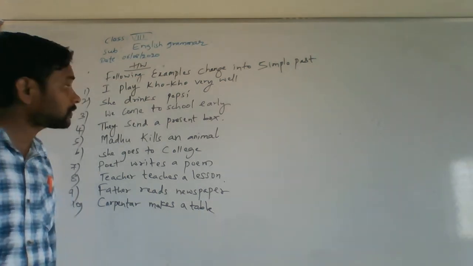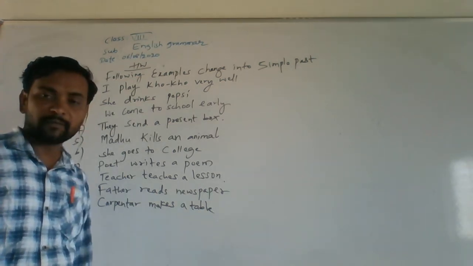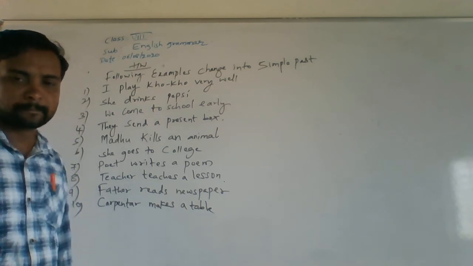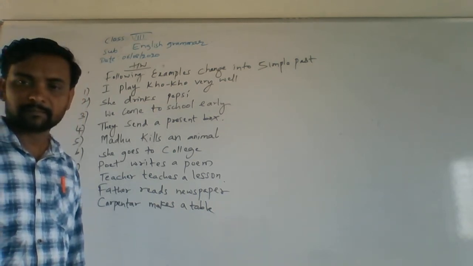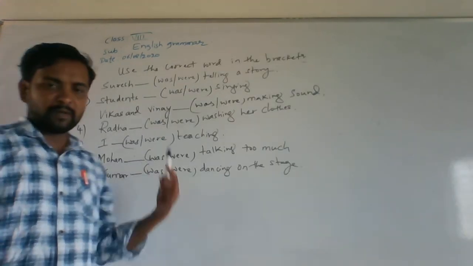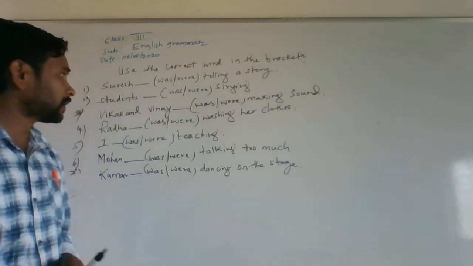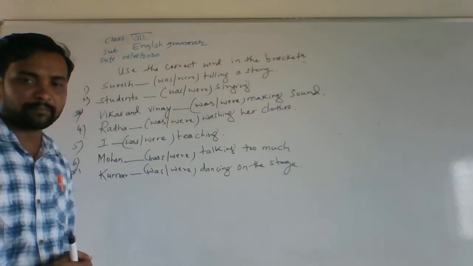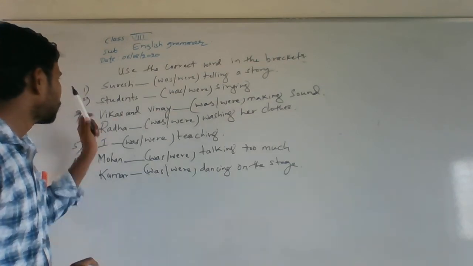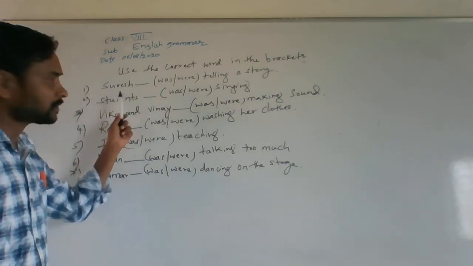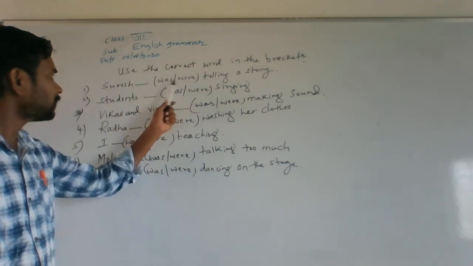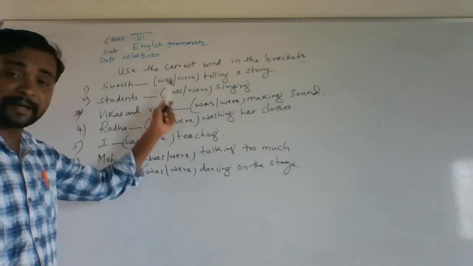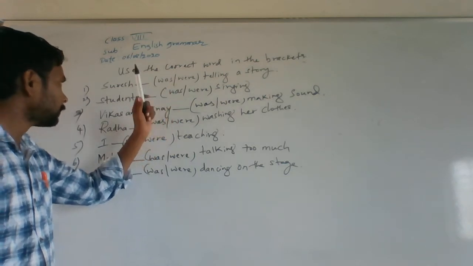Is it over? Shall I go further? Yes. Next, take another homework. Look at the board, students. Fill the correct helping verb in the brackets. See here, first example, Suresh dash, in the bracket was or were. Fill in the correct helping verb in the blank.